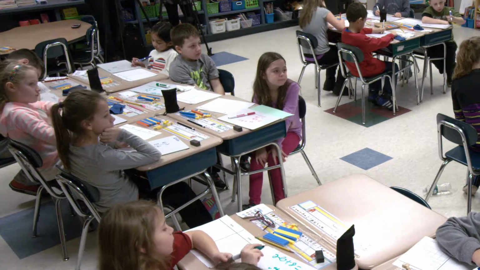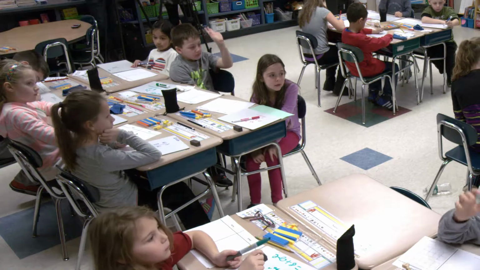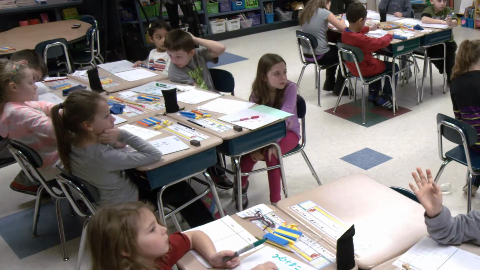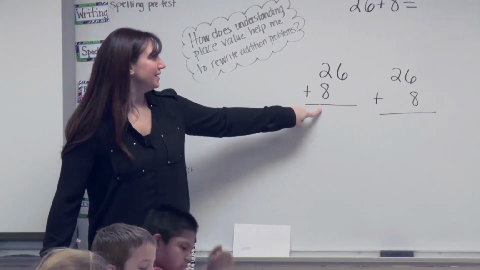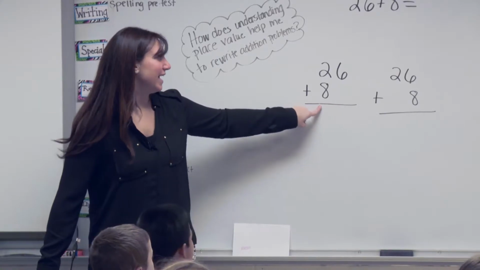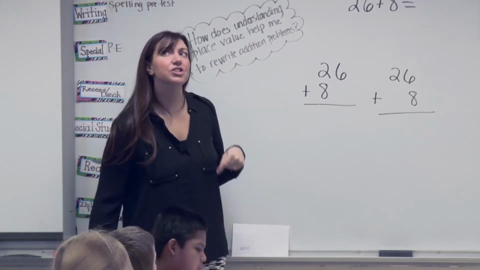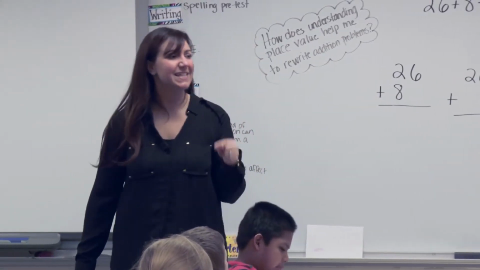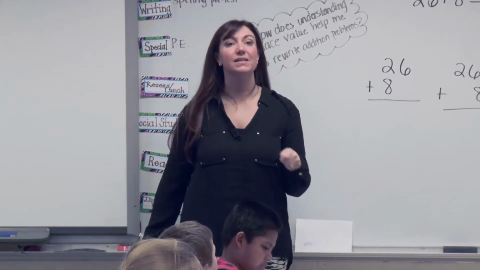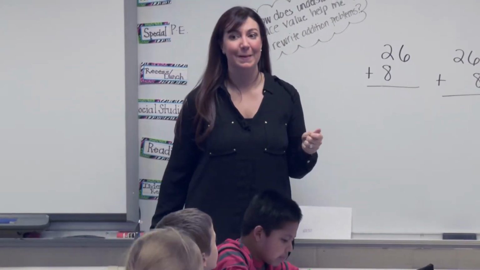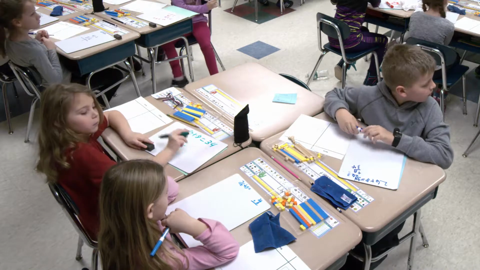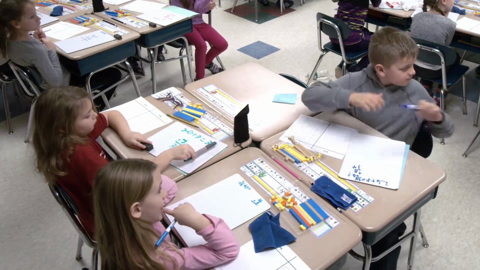Thumbs up if you agree with Sam that the 8 in this one is in the tens place. Look at your boards and see if your 8 is in the tens place. If it is, think to yourself, should it be in the tens place, or somewhere else? So boys and girls, why do I have to have the 8 in the ones place in this problem?